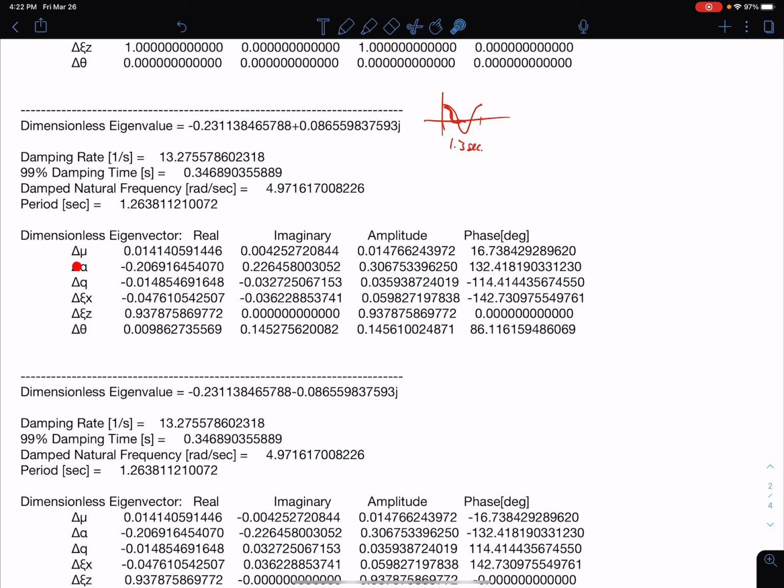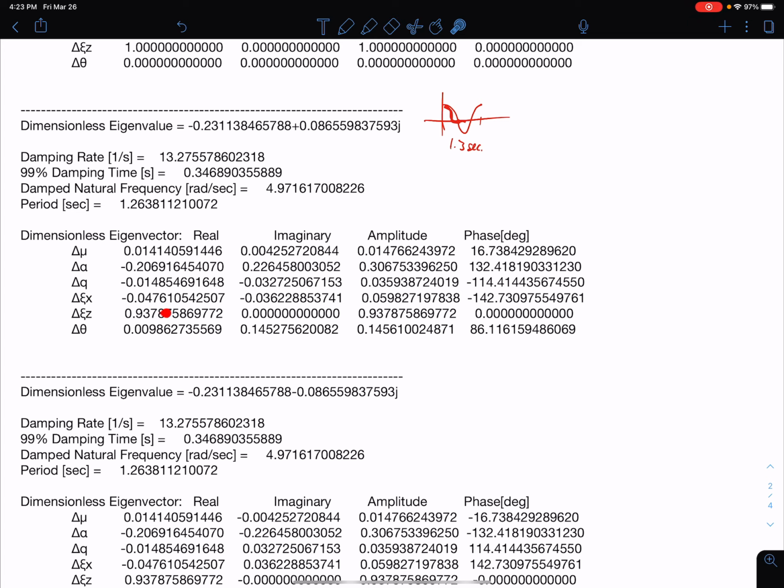The delta mu and delta alpha are both non-dimensional velocities. Those are like values. Q is a pitch rate, and theta is an angle, so those don't really have other things to compare to, but we can compare the relative magnitudes of these components of the eigenvector. So let's look at x and z first.